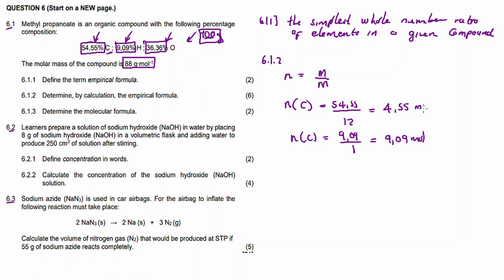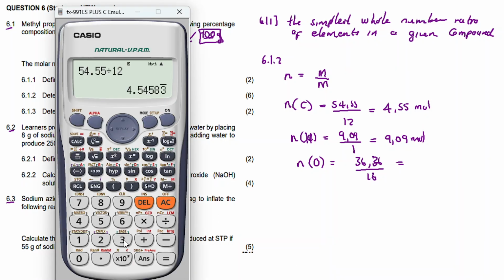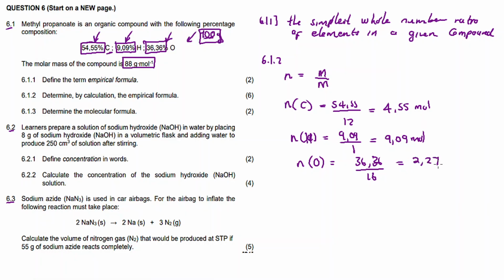The number of moles for oxygen is 36.36 over 16, which is 2.27 mole in 2 decimal places.